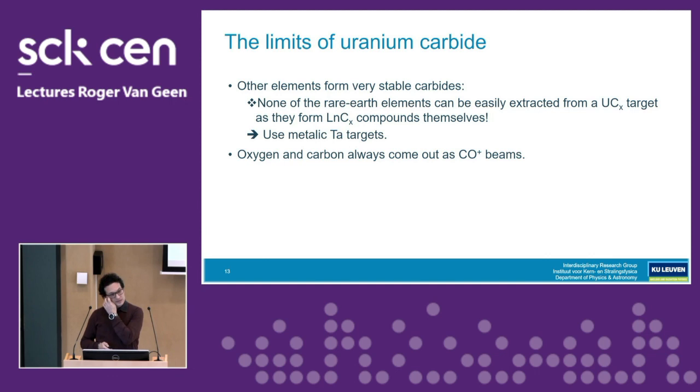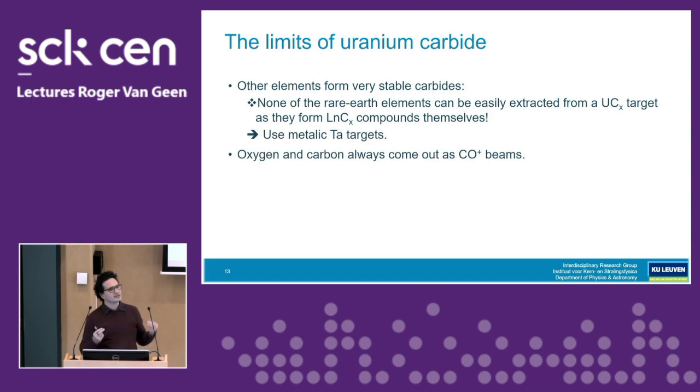So what are the limits then of such a uranium carbide target? First, some other elements can form very stable carbides. I was talking just before about lanthanum carbide. It is one example, but actually all the lanthanides will form rather stable carbides, to the same extent as uranium carbide.